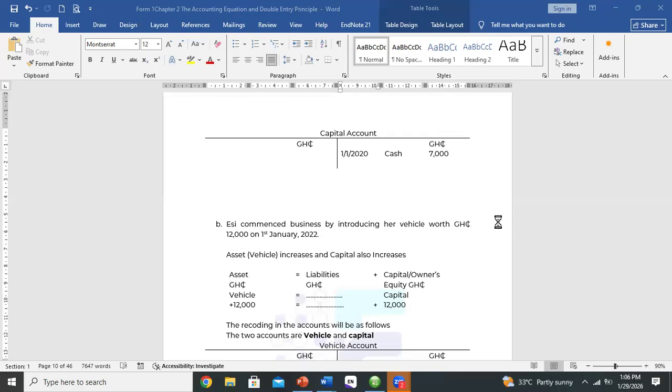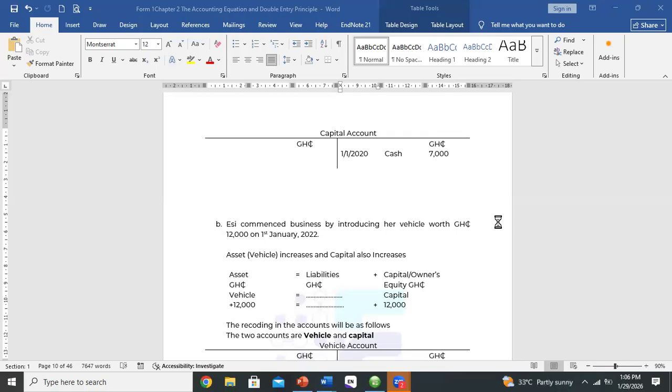Okay, so yes, I understand your confusion. How I get my students to appreciate that is, let's take for example, you pay for rent. When you pay for rent, who actually is giving? It's not the rent, it is cash, because you pay the rent in the form of cash.